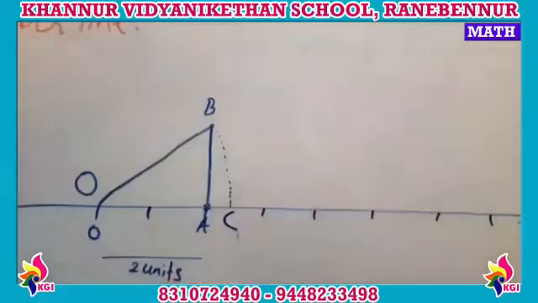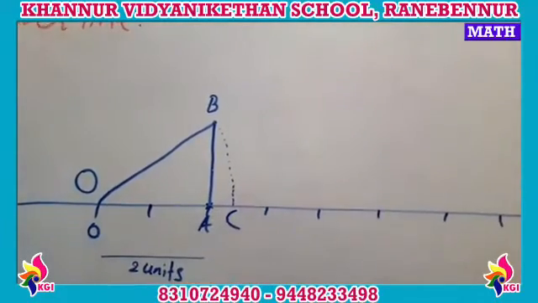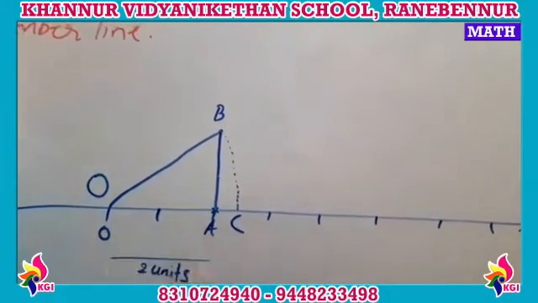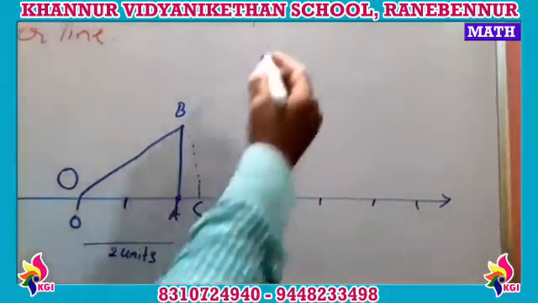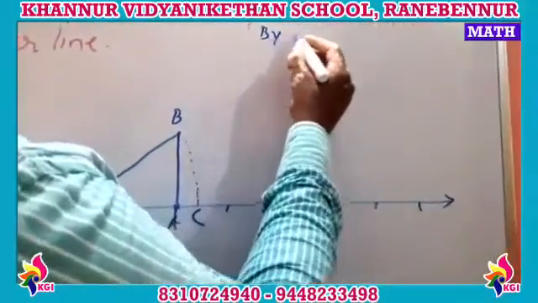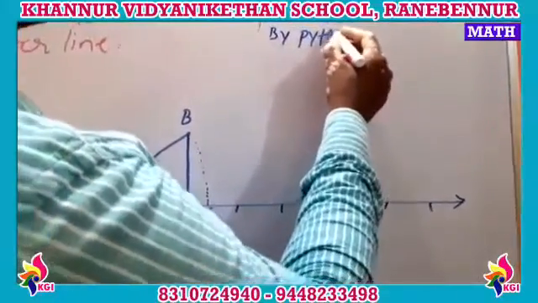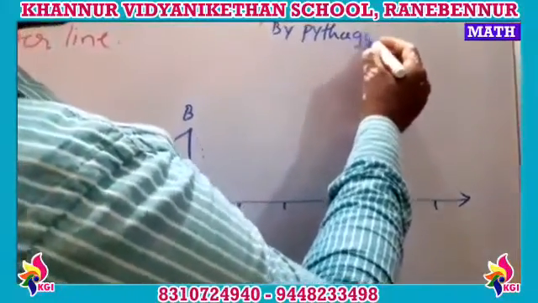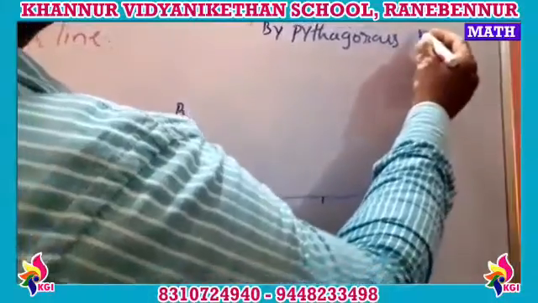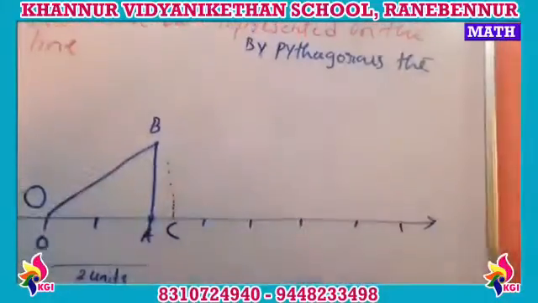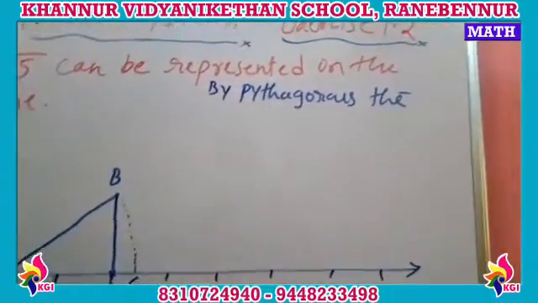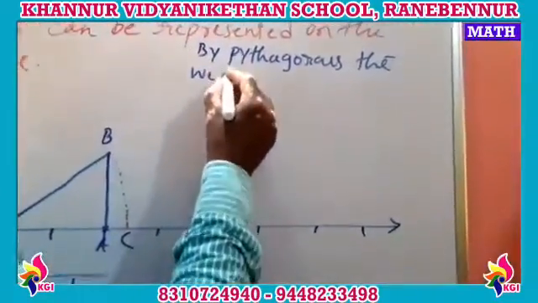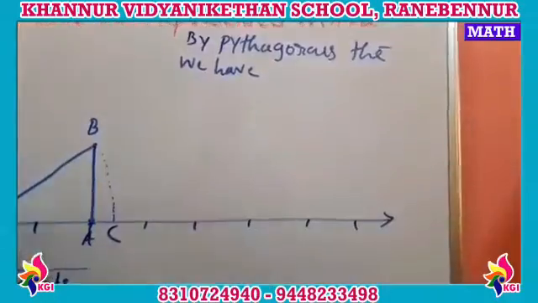Sir, you are just going on telling us this point, that point and all. But why I am doing all this, I am going to show you. Now I will show you by the Pythagoras theorem. Children, see here, what is this?